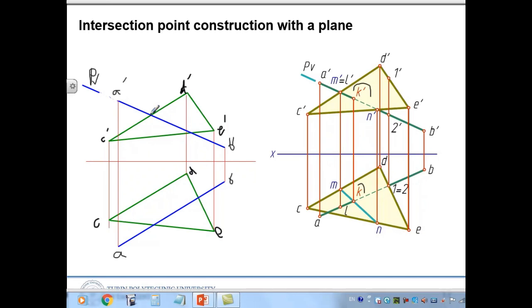Okay, so the intersection points of this one, M dash and N dash here.